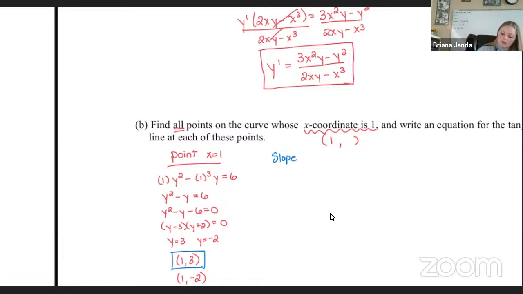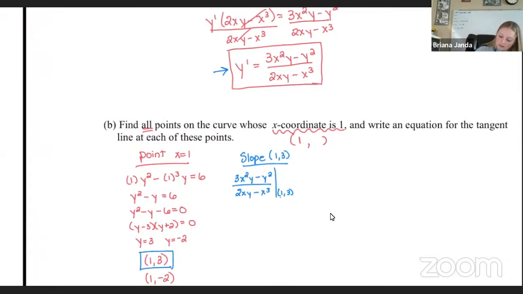To write the equation, we now need to know its slope at 1, 3, and remember that the slope comes from the derivative, and we already did that work. So I bring down my derivative. And we evaluate it at the specific point, 1, 3, which means everywhere there is an x, I'm going to plug in a 1. Everywhere there is a y, I'm going to plug in a 3.